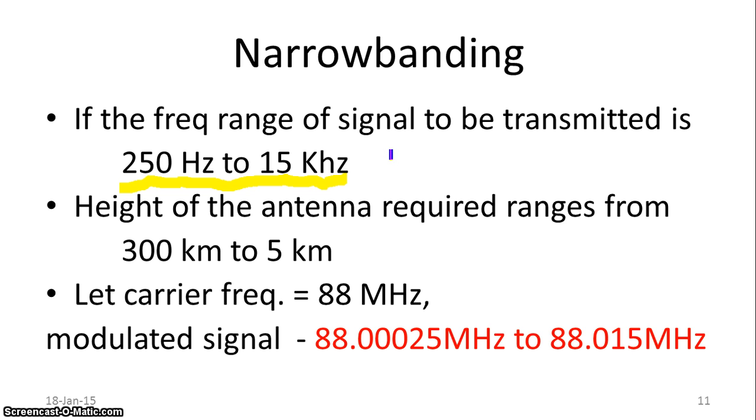This ratio was quite large, whereas in the second case, when modulation was done, the ratio of the highest to the lowest frequency is nearly equal to 1. So this is what we mean by narrowbanding.